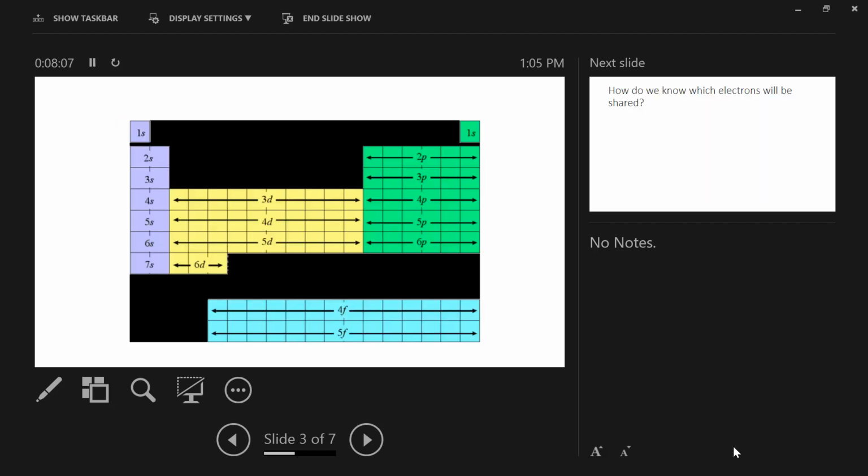All right. So we've seen this periodic table many times, and I wanted to show it to you again so you can think about which electrons in which types of orbitals tend to be shared versus otherwise. We've already talked about atoms that tend to form cations, like these.